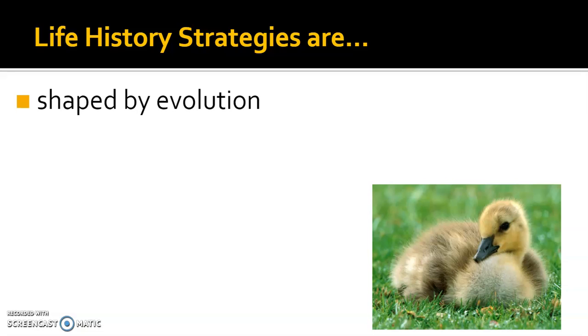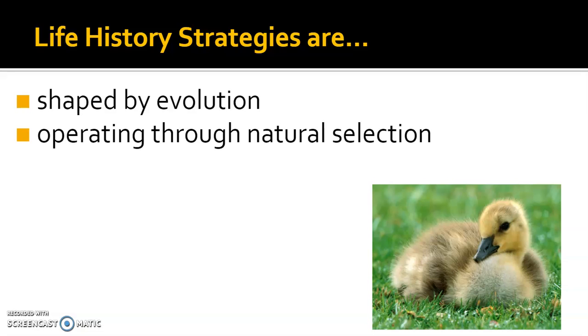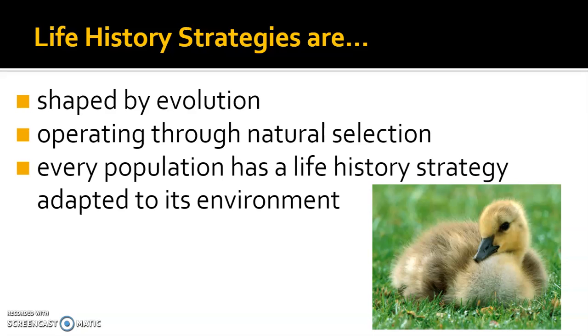They're going to be shaped by evolution. So how the species came through to be what they are today. It operates through natural selection. Okay, so one type of the species was determined to be more fit than another one, and it won out. It outcompeted the lesser fit animal.